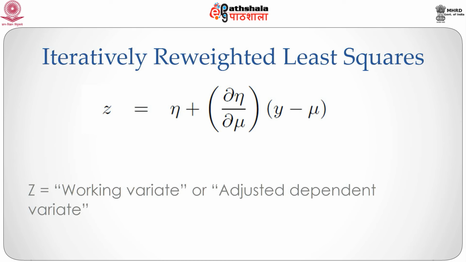If you note the form of the score equation, it is as if at each iteration a weighted least squares is being fitted not on the original outcome y, but on something called z, which is my working variate or adjusted dependent variate. The weight matrix is W and involves the parameter beta, and so it must be reweighted at each iteration.